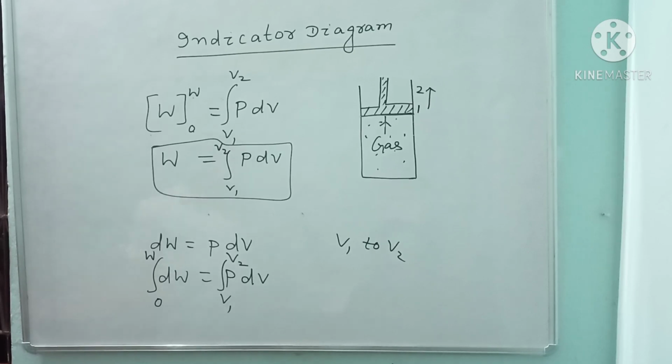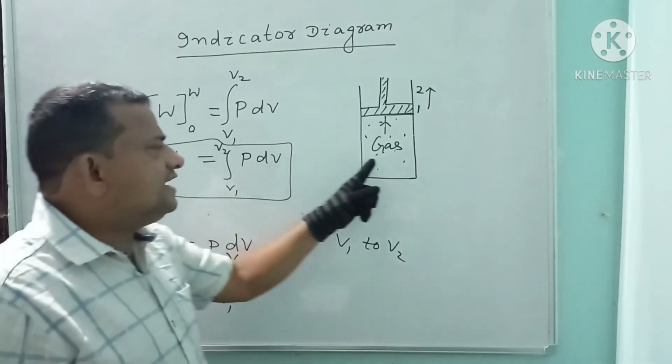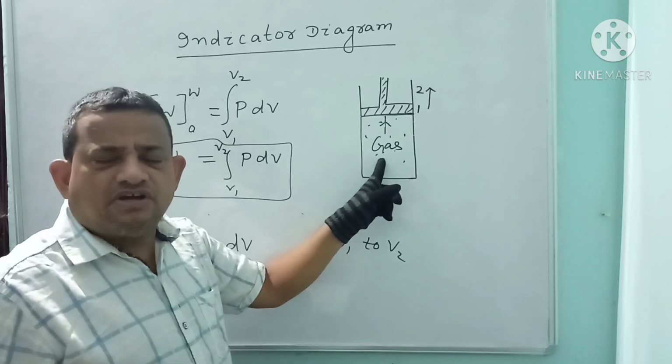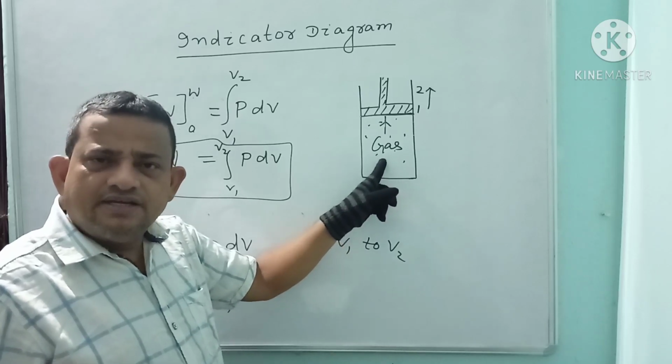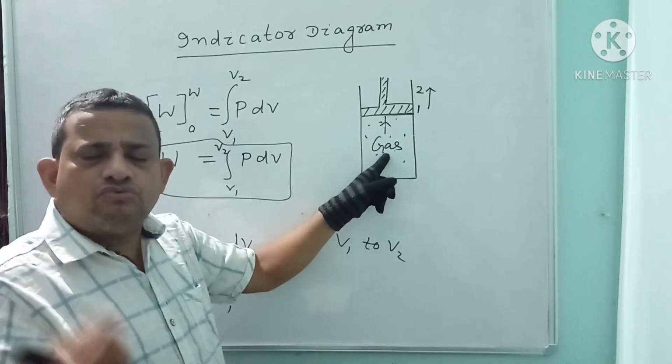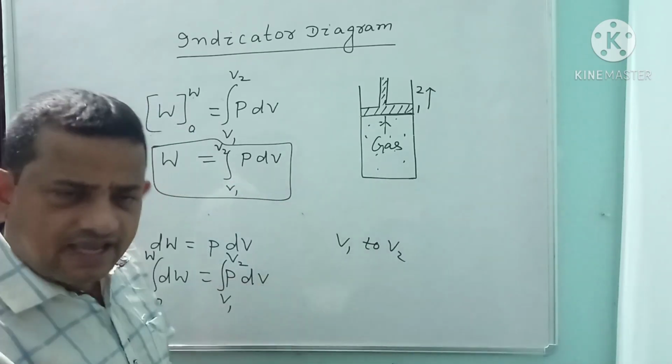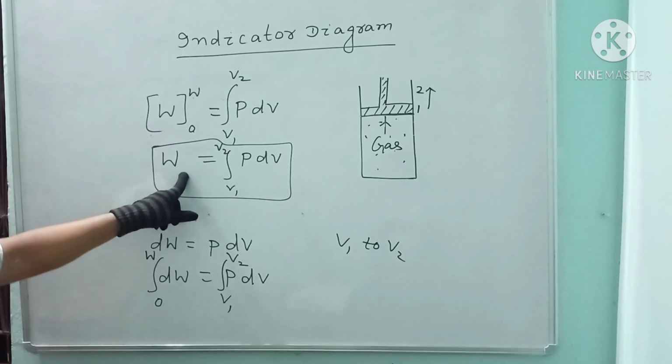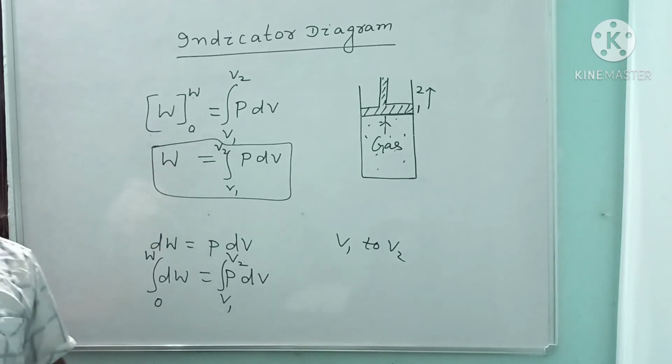Students, this is also taken as per expansion, because gas is expanded and volume increases from V1 to V2. So we can also say this W is the work done of a gas for its expansion. Okay, students.